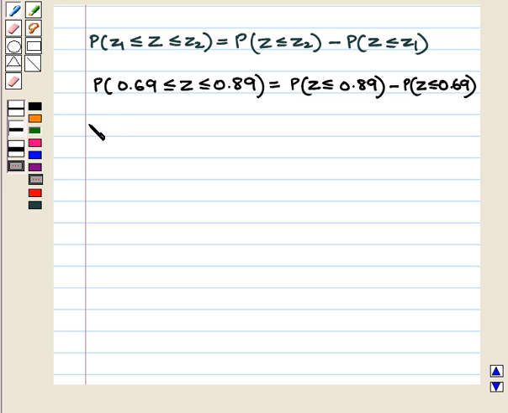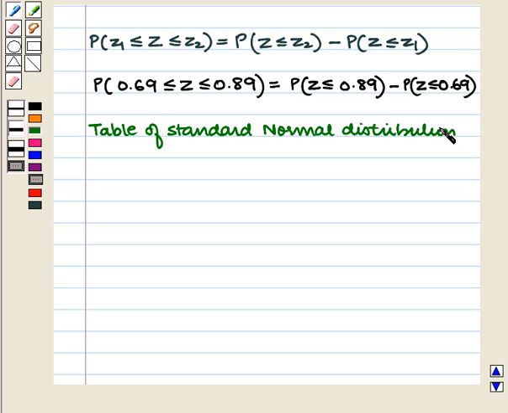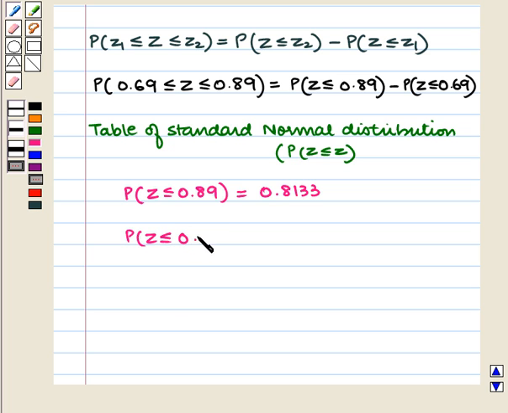From the table of standard normal distribution of the form probability of z less than equal to z, we find probability of z less than equal to 0.89 is equal to 0.8133 and probability of z less than equal to 0.69 is equal to 0.7549.